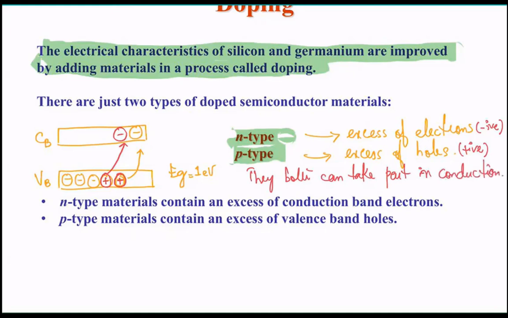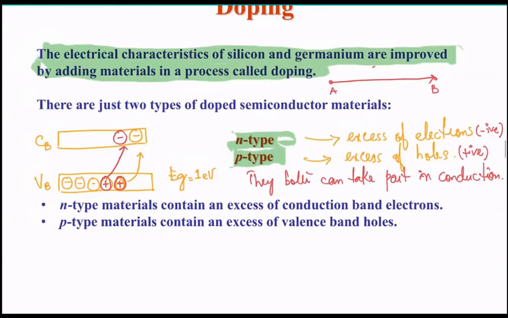One of the advantages of electrons is they have higher mobility. So if you have a point A and point B, electrons will move faster. They have at least 2.5 times more mobility than those of the holes.